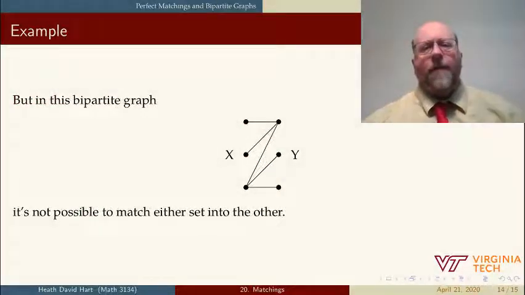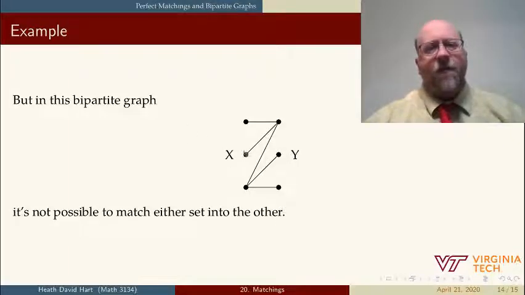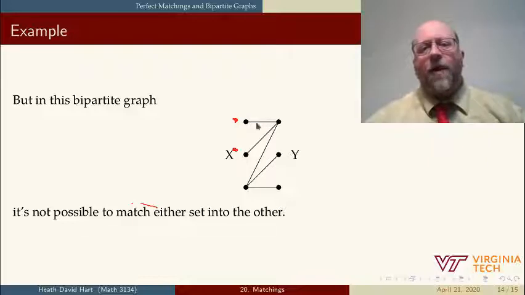This is also a bipartite graph, and even though X has 3 vertices and Y has 3 vertices, it's not possible to match either set into the other. Both of these vertices in X, there's only one way to match them. They both would have to match up to this vertex, and we're not allowed to repeat a vertex in a matching.